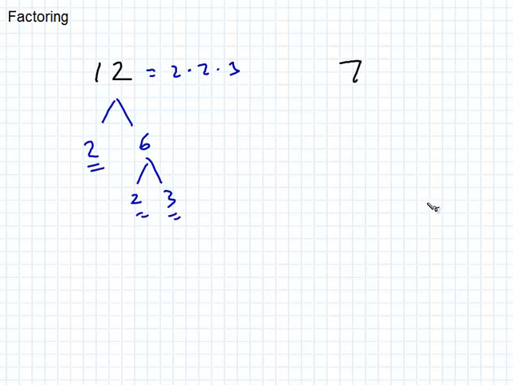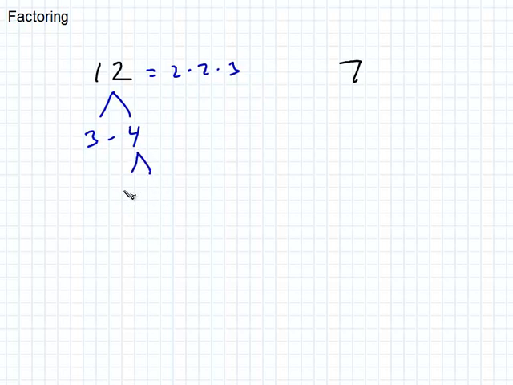Right there, okay? So what if I had done this a different way? Instead of 2 times 6, what if I went 12 is 3 times 4? Okay, notice 4 breaks down to 2 times 2, and now we're down to prime factors. 2, 2, 3, 2, 2, 3. Same prime factors.